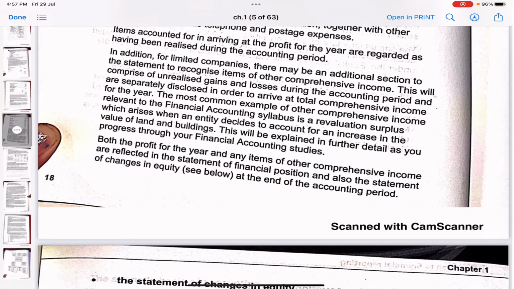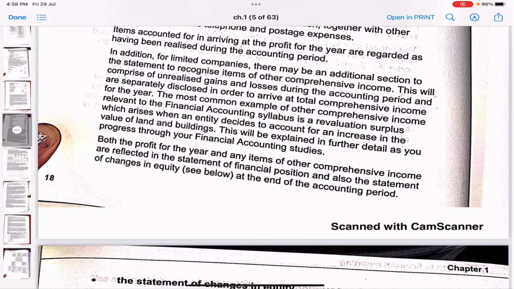This will comprise unrealized gains and losses during the accounting period, and they are separately disclosed in order to arrive at the total comprehensive income. The most common example of other comprehensive income arises when an entity decides to account for an increase in the value of land and buildings. So whenever the building value increases, that is a profit for you, right?